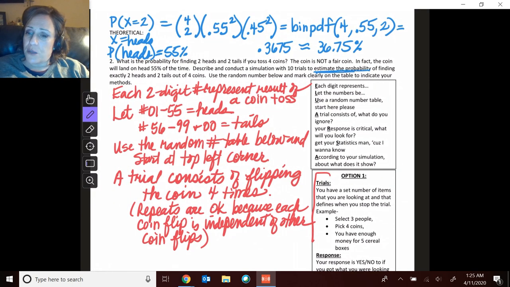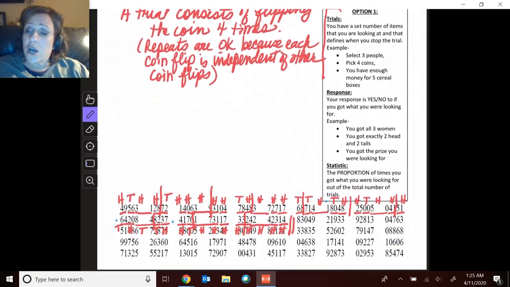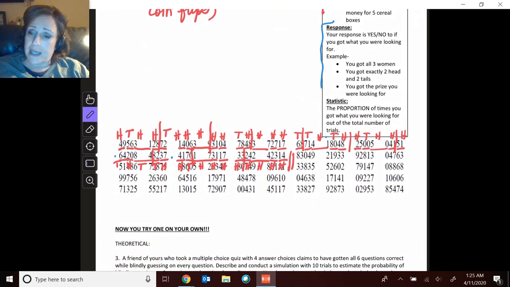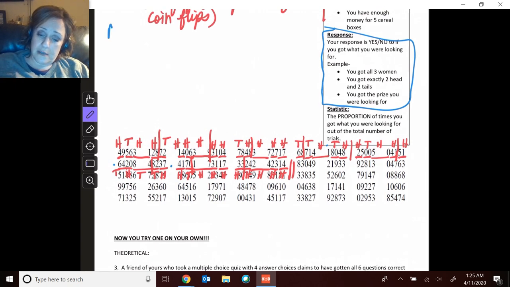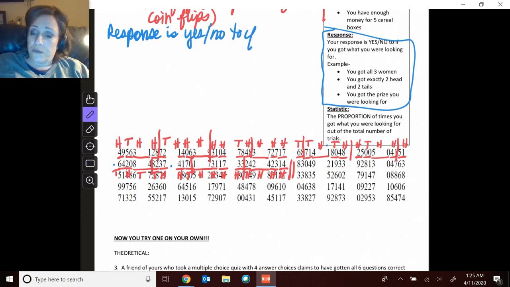We are estimating the probability of finding exactly 2 heads and exactly 2 tails. So that's where our response comes into play. It's going to be yes or no, did you get what you were looking for? So the response is yes or no to whether we got exactly 2 heads and 2 tails.